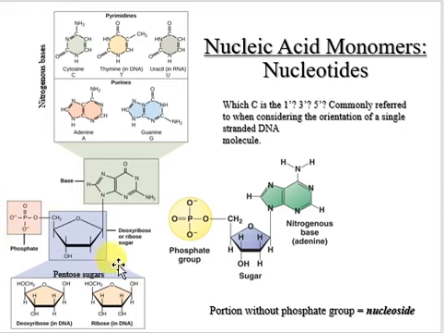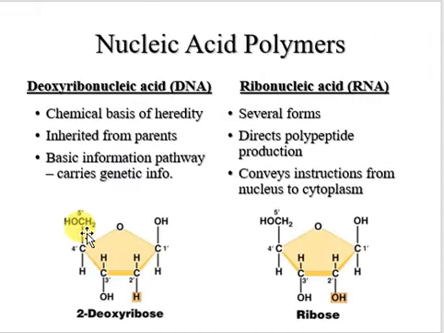Now, the pentose sugar differs depending on whether it's deoxyribose or ribose. So in DNA, you have deoxyribose as the pentose sugar. In RNA, you have ribose as the pentose sugar. And the two differ based on whether a hydroxyl group occurs at the 2' carbon.